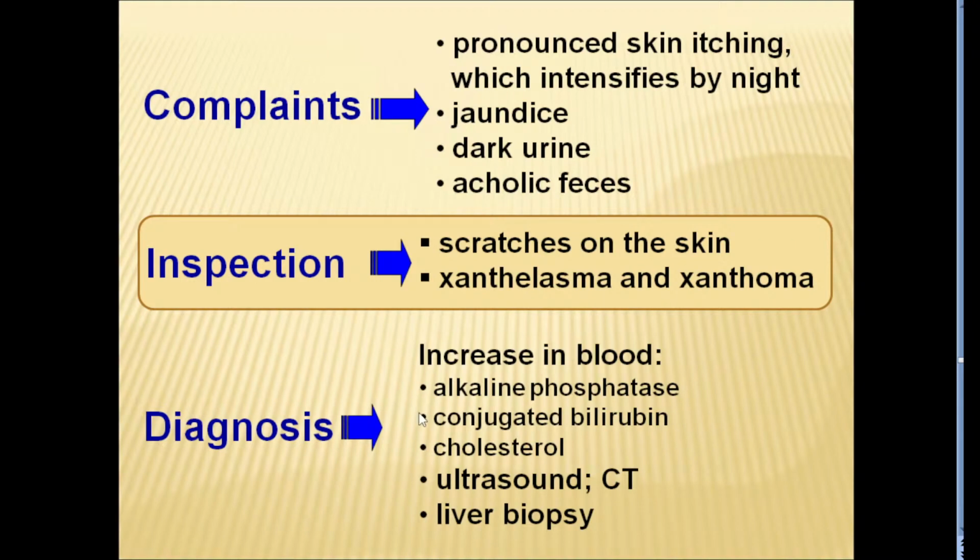We can reveal jaundice due to increased bound conjugated bilirubin and increased cholesterol level. We'll obligatorily send our patient for ultrasound, sometimes computer tomography is needed, and sometimes a liver biopsy to clarify the cause of cholestasis.